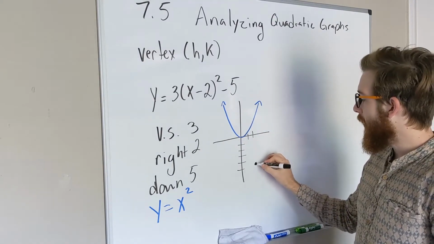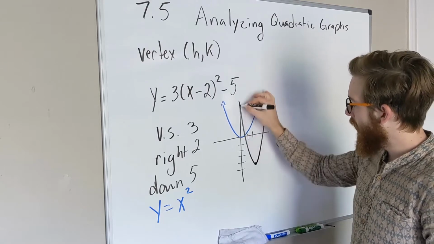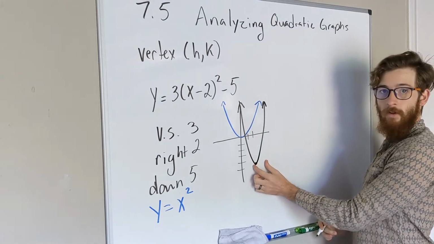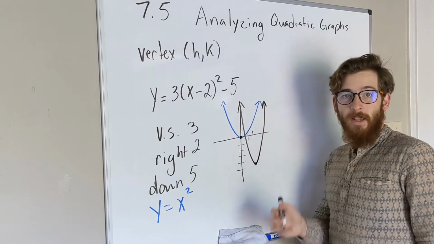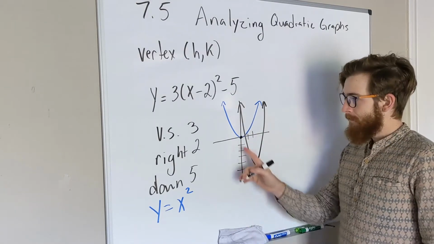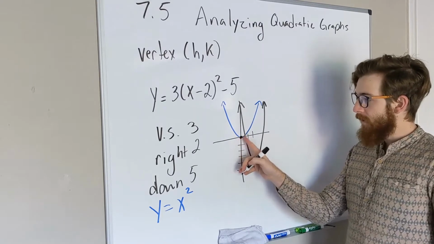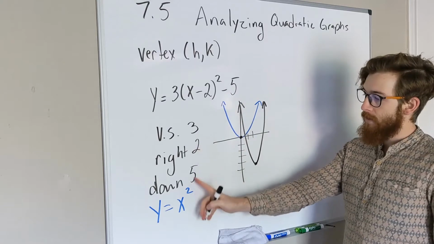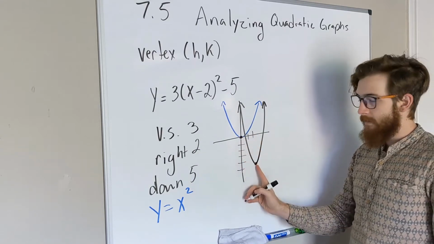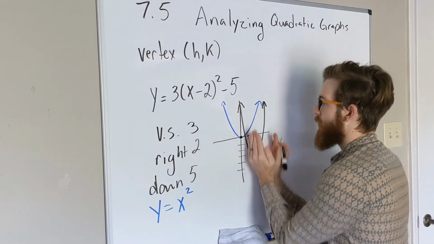So it should be here, but it should also be narrower. So I've moved this vertex, this point at which a min or a max can occur, right 2, down 5, because that's what this says. Then I applied this stretch.